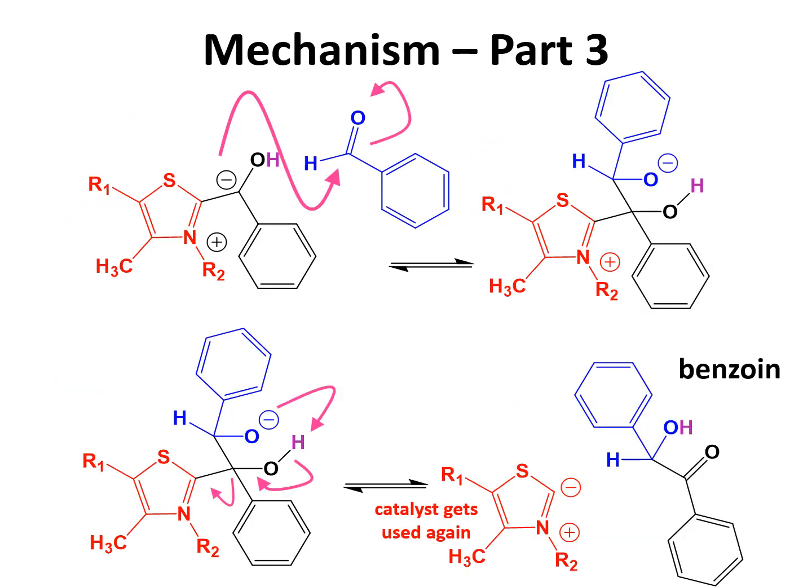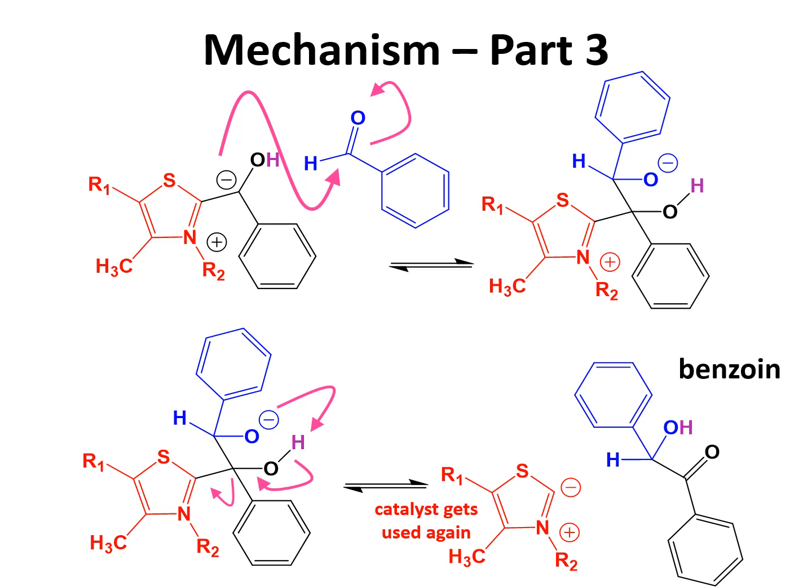So then in part 3 of the mechanism, this minus sign again attacks the carbonyl carbon, and in this case it takes the hydroxyl group's proton by intramolecular action from the neighboring hydroxyl group.